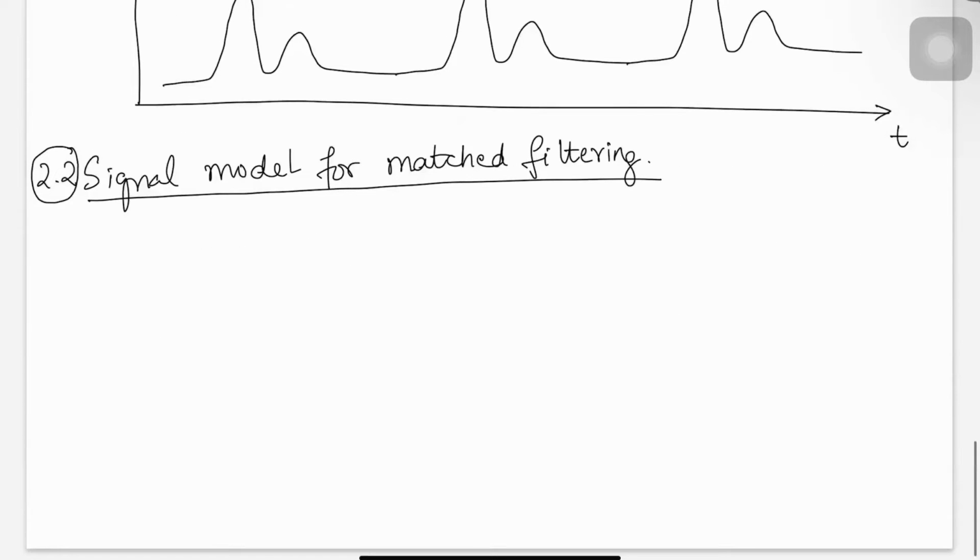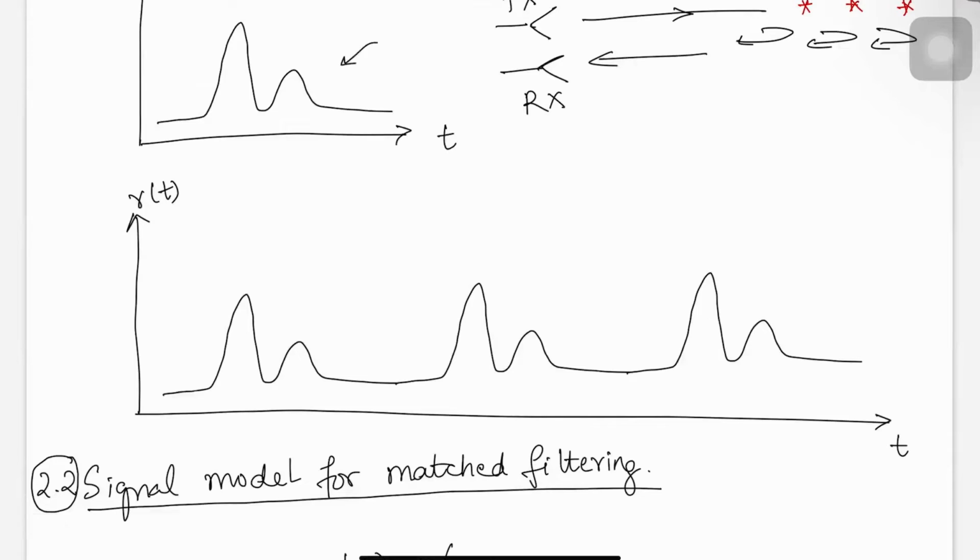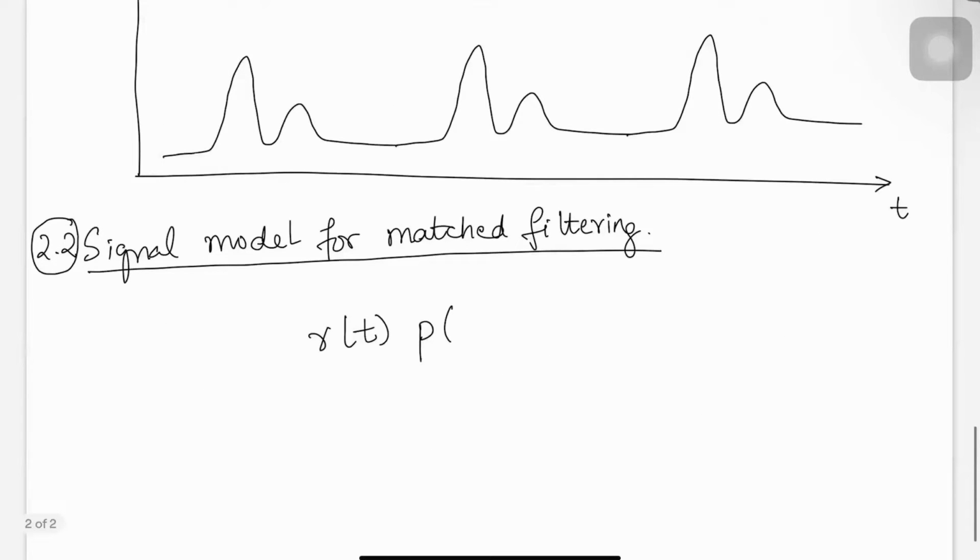Okay, so what do we have? We had a received signal r(t). Let me actually write that here. What we were doing is we took our pulse, the transmitted signal p(t), and kept delaying it by different amounts, t minus tau.